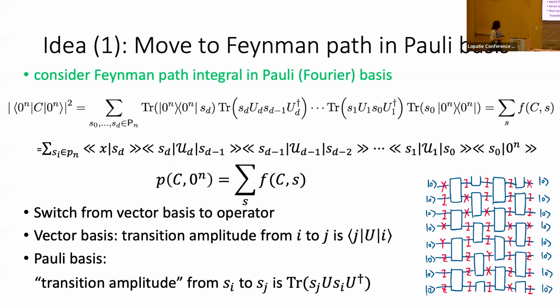So basically, we're looking at a sum over all Pauli paths, where a Pauli path is a choice of a Pauli on each layer. This will be my Pauli path, one particular choice like that. We call the coefficient that corresponds to one of those Pauli paths a Fourier coefficient in this Pauli basis.